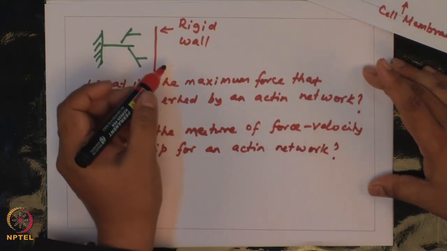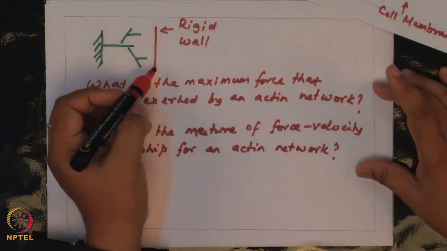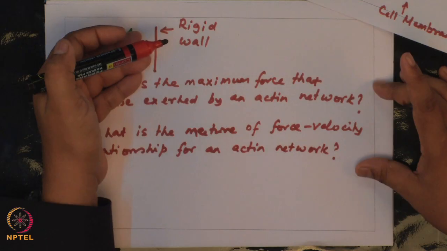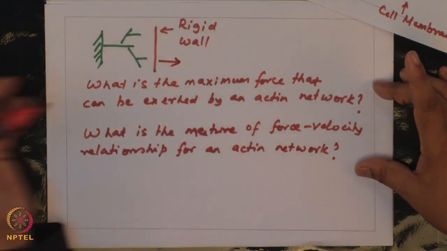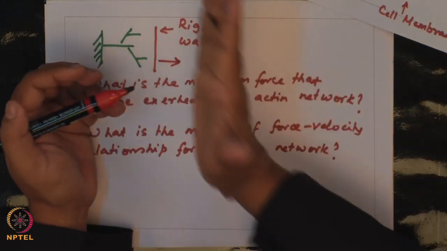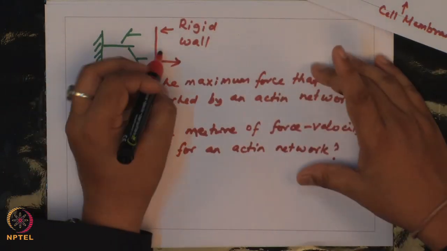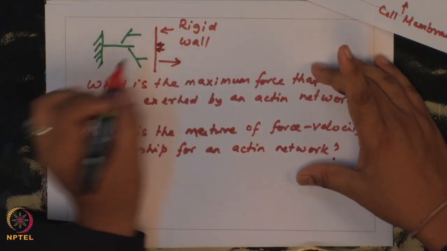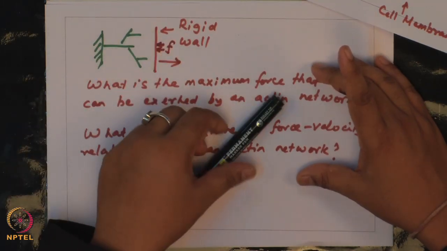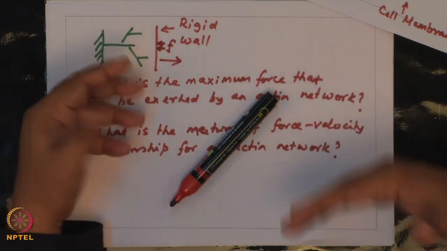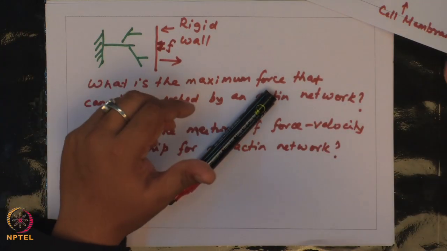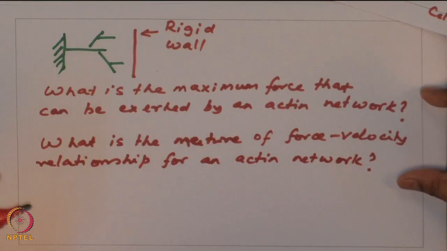If you do not restrict this wall, the polymerization forces will keep on pushing this wall in this direction. However, imagine if you constrain this wall with a certain force F. If the force generated as a consequence of polymerization is less than this force, then probably the wall will remain fixed in its position.